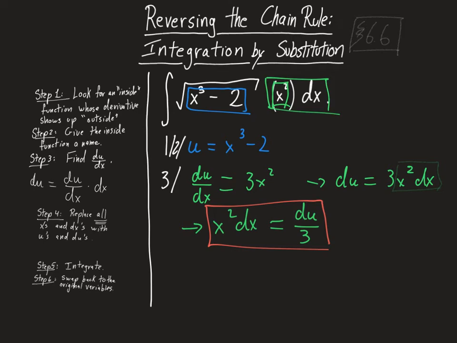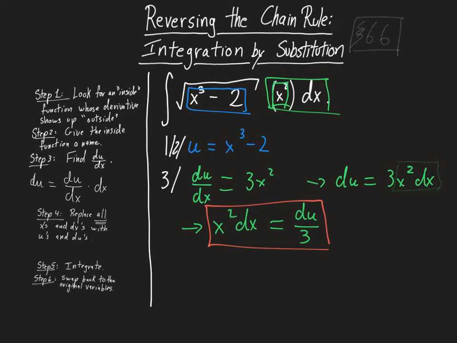If you're off by a constant, you can shift it over to du. This is okay. Once again, I want to repeat this. I need to be very, very clear about this. If your du is off by more than just a constant, you have a problem. Your substitution will not work. If your du is just off by a constant, then you are okay. You can just shift that constant over.